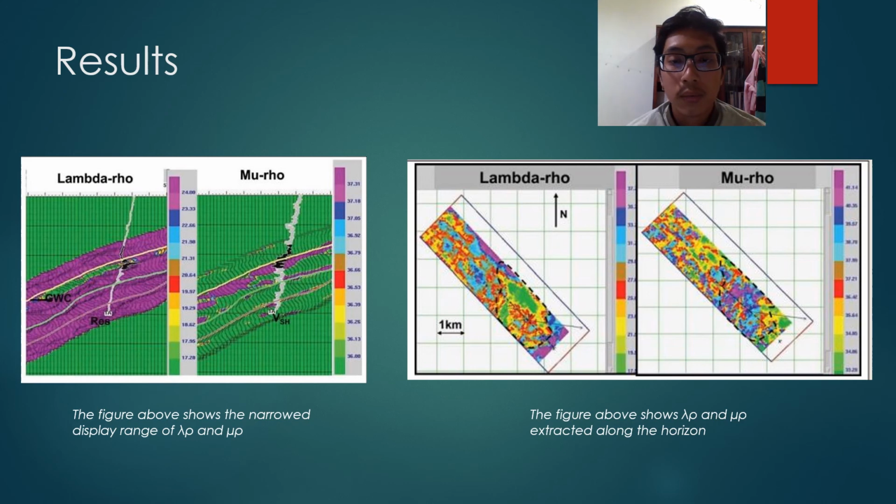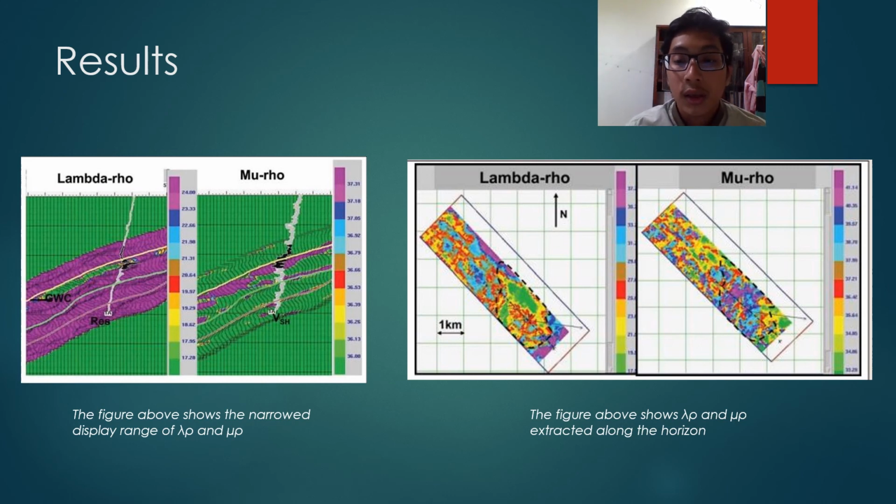Even though there are some Mu-Rho values around horizons B and C, it is not considered a sand body because there is no spatial consistency to suggest the presence of a continuous sand body, as is the case at horizon A.